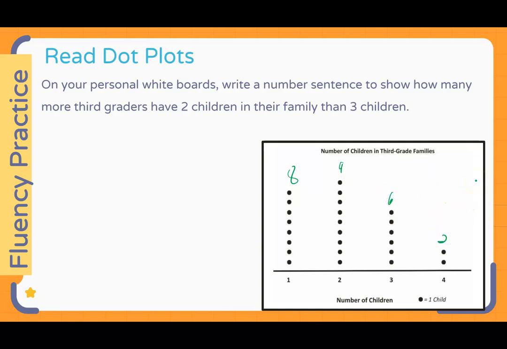They want a number sentence that shows how many more have 2 than 3. So 9 have 2 and 6 have 3. We're going to be subtracting because they're asking how many more. 9 minus 6 is 3. 3 children.